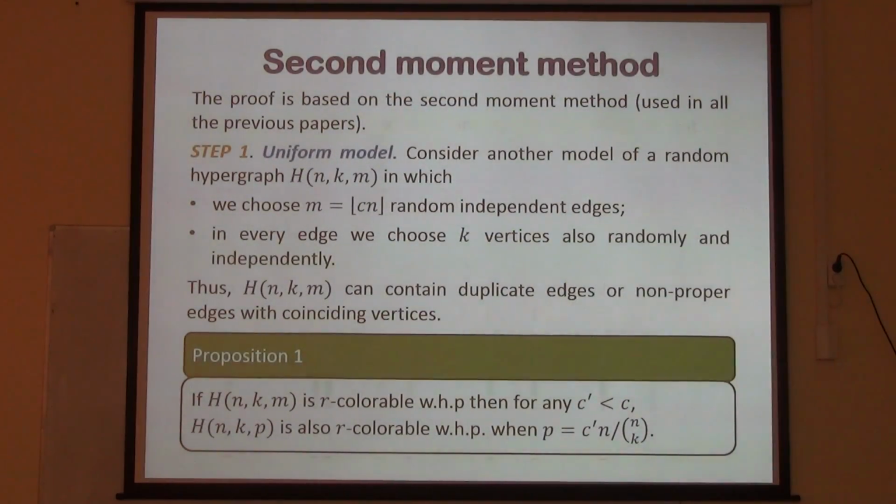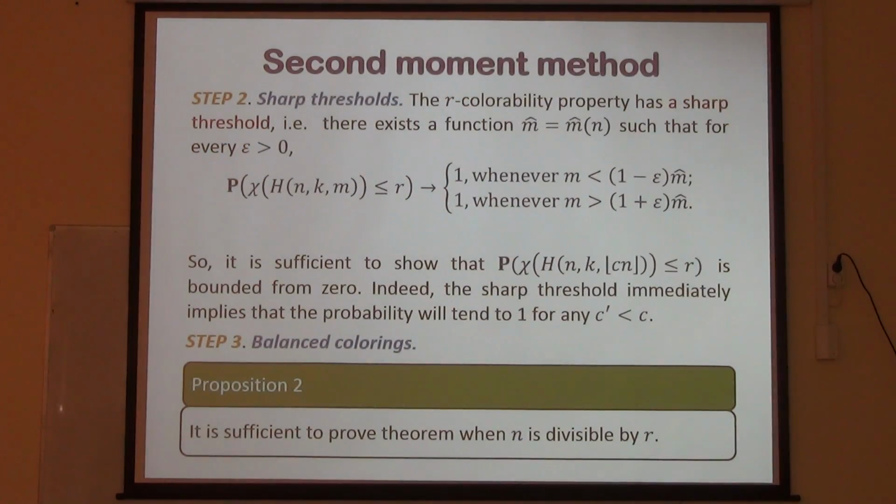The second step is to use the fact that the r-colorability property has a sharp threshold. That means that there exists some function m hat such that for every positive epsilon, our hypergraph is r-colorable with probability 1 if m is less than m hat times 1 minus epsilon.